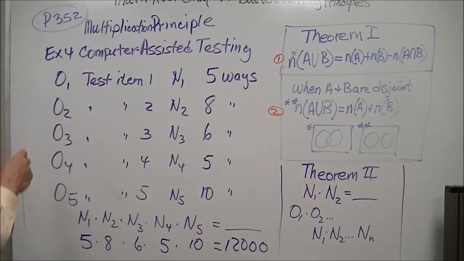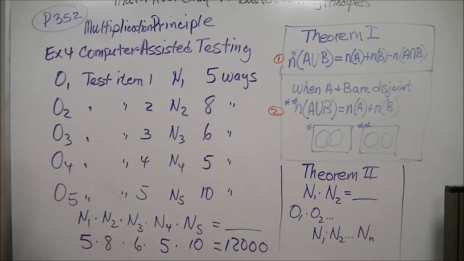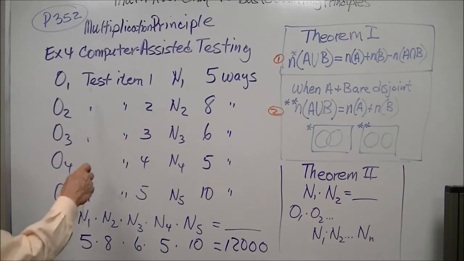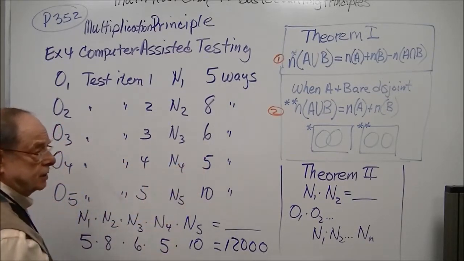Now, for example 4 on page 352, we are wondering if we have a computer-assisted test and there are 5 questions on the test. For test item number 1, there are 5 possible different questions.